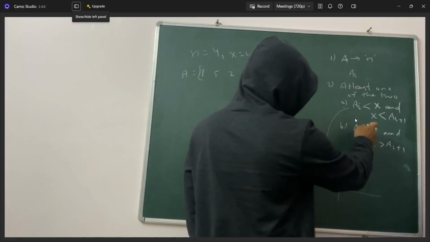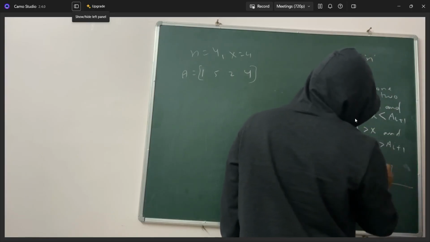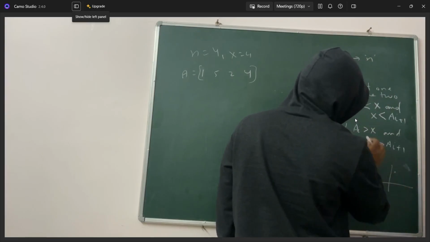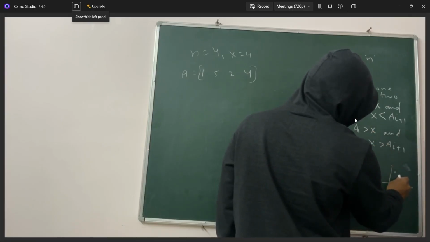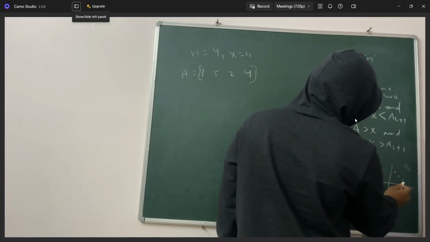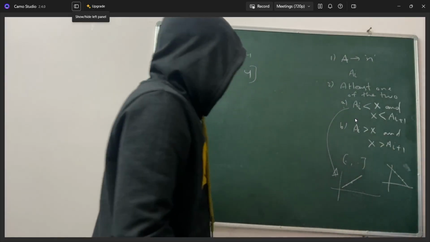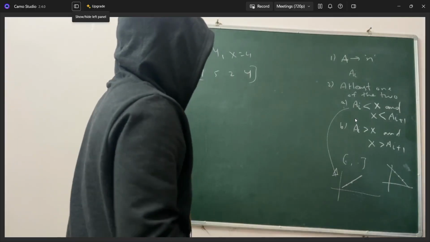Now in the second case, it can be the other way around: the previous element is greater, x is strictly less than that, and your next element is strictly smaller than x. So you have one more graph in this way, basically sloping graphs in mathematical terms.